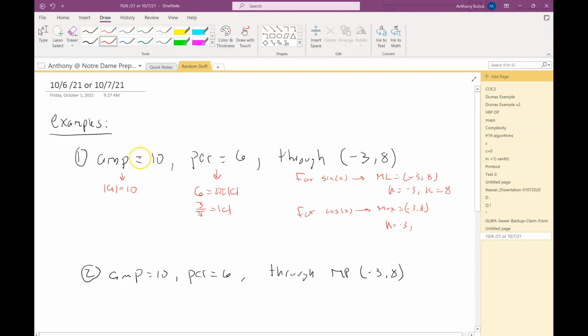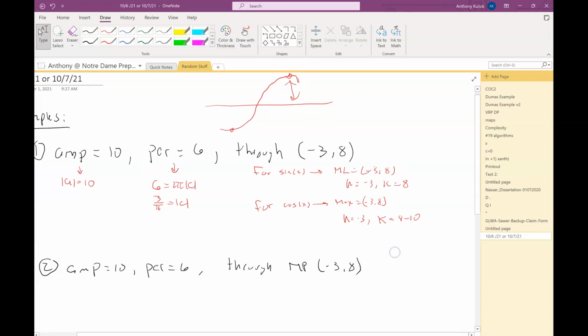So if my amplitude is 10, so I have my midline, my max, and my min, and this is 10, so my k is just going to be 8 minus 10, or negative 2.